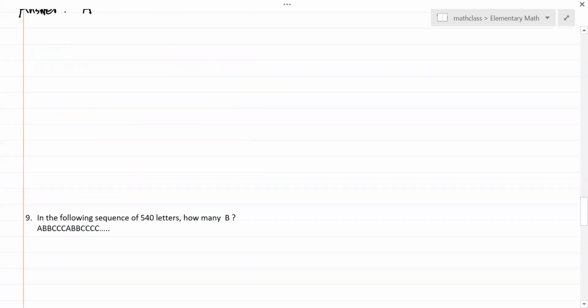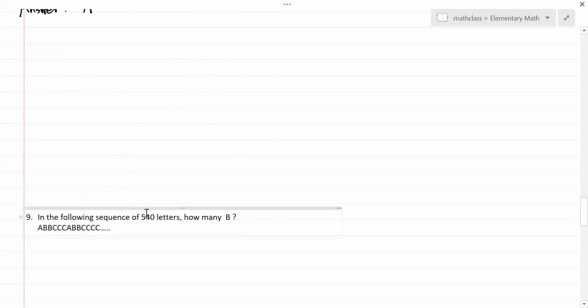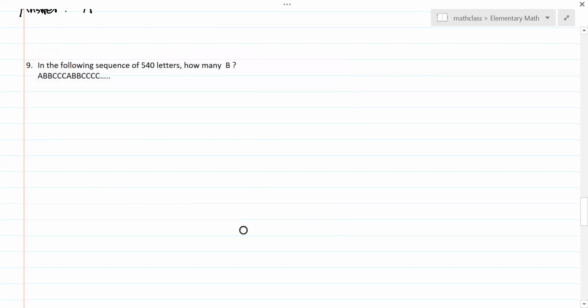All right. So let's do an easy problem again, then we continue. In the following sequence of 540 letters, how many B's are there?